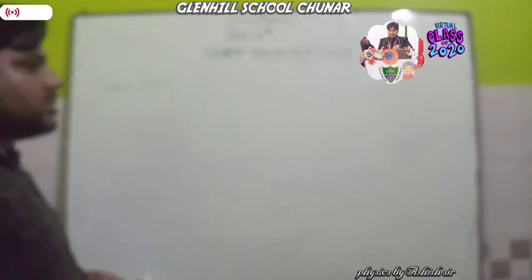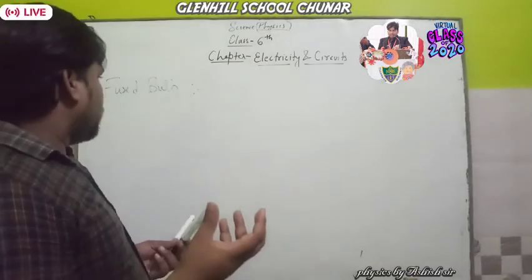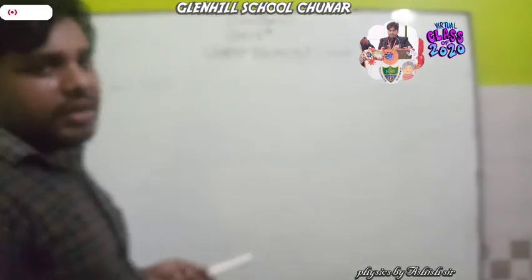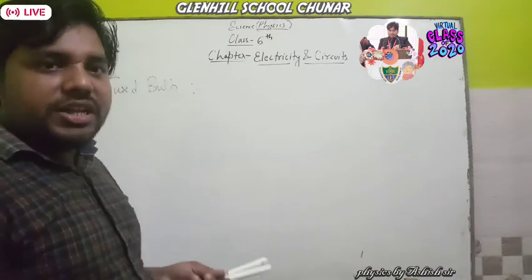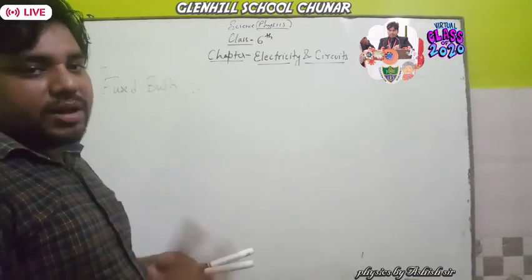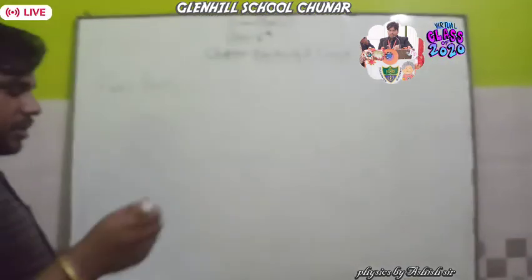Fused bulb means the bulb in which the material that glows is the filament. When the filament is broken, then the circuit is incomplete. So in that case the bulb will not glow, and that type of bulb is known as a fused bulb.